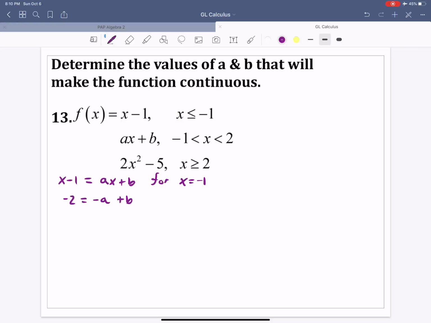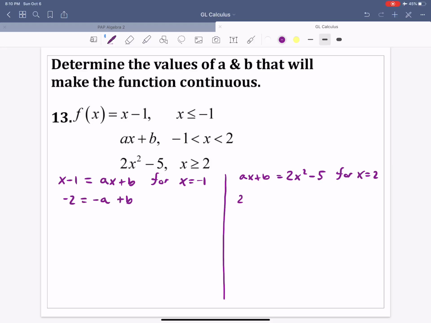Now, when you have two variables, you need two equations. So we're going to have to do a second equation. Here we take ax plus b and set that equal to 2x squared minus 5. But this time we're going to do x equals 2.